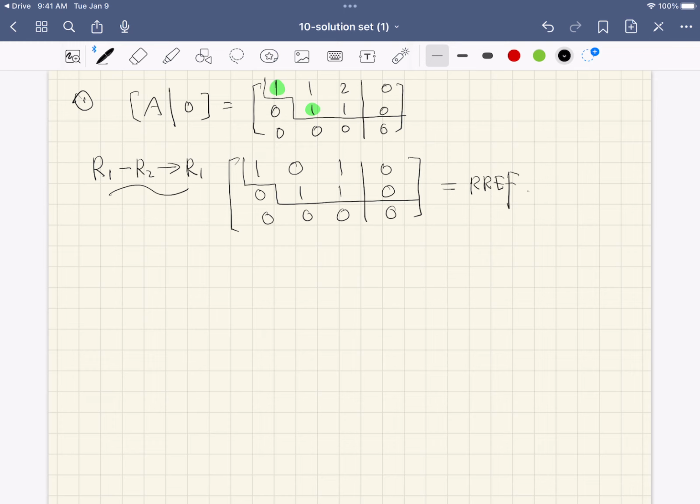To solve it, we want to switch this back into the original linear system. So we put x1, x2, x3 back into the equation.